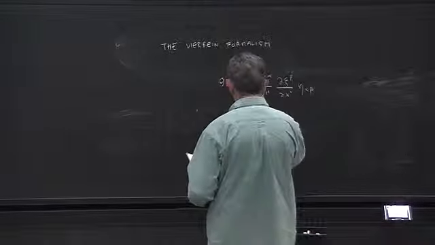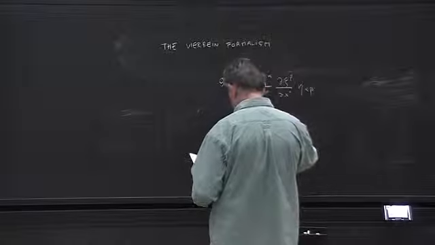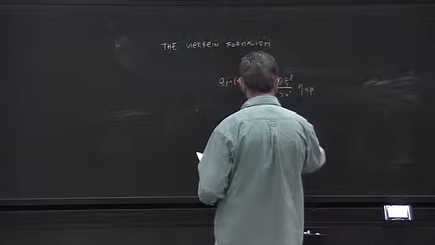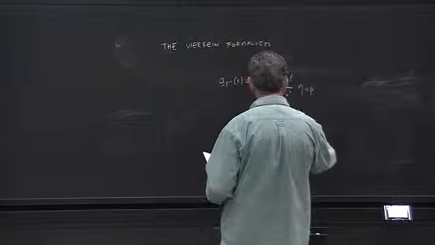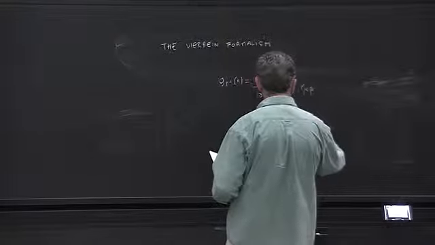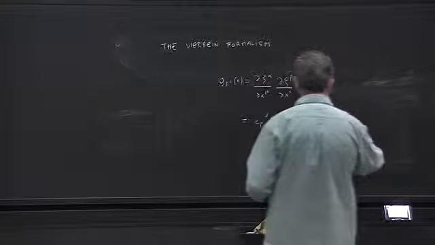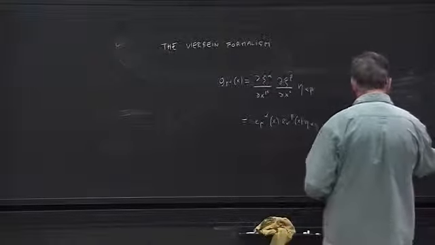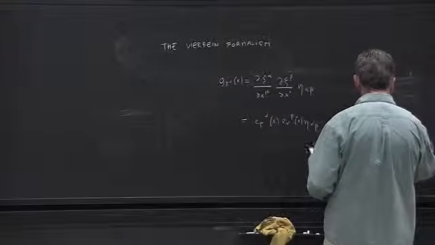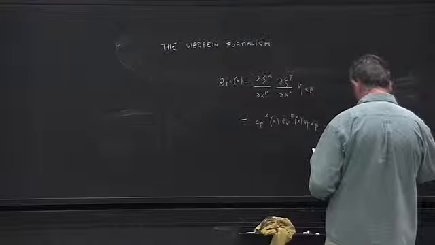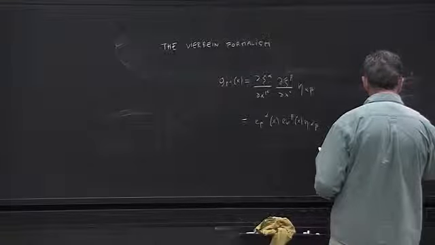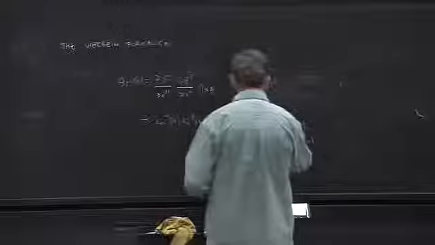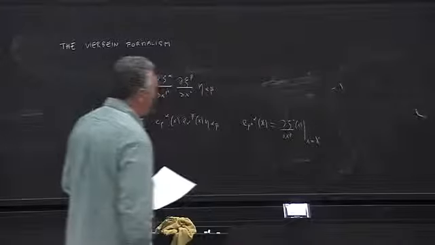You could call this E mu alpha of x, E nu beta of x, eta alpha beta, where E mu alpha of x is the derivative of psi alpha with respect to x mu of x, evaluated at this special point, local point x.